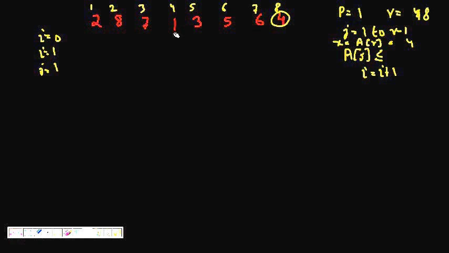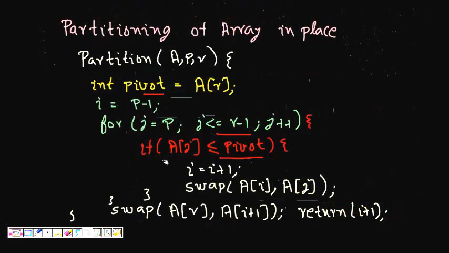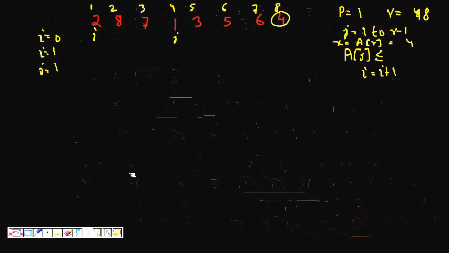We now see that a of j, which is a of 4, is less than the pivot element, which is 4, and our i is now at 1. Okay, so i is at this place and j is here. So what do we do now? If we see the code here, if a of j is less than the pivot element, we do i is i plus 1, and we swap a of i and a of j.